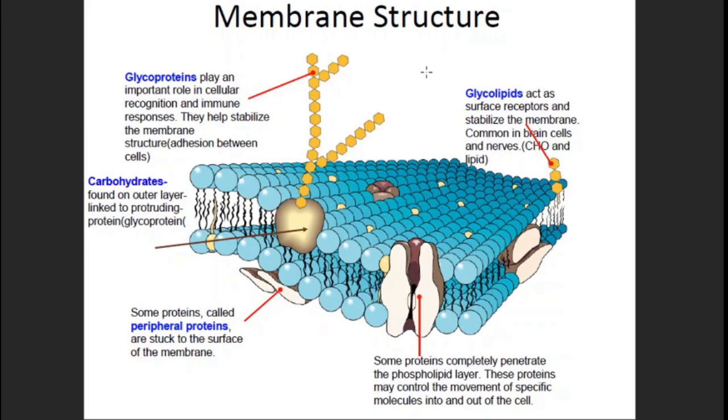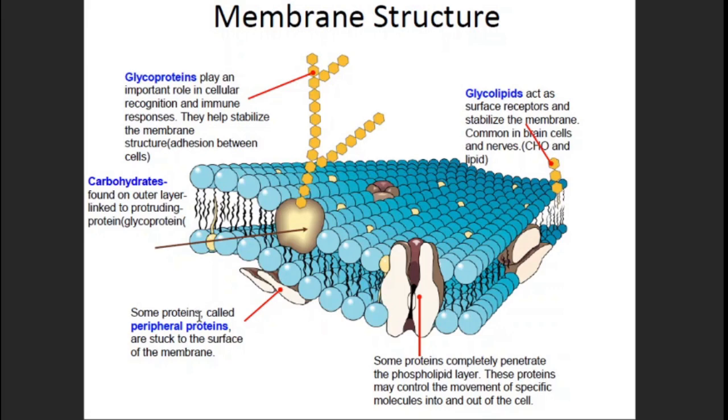Similarly, there are glycolipids. As the name suggests, these are carbohydrate entities which are associated with the lipid components. We call them glycolipids. They act as surface receptors and stabilize the membrane. They are commonly seen in brain cells and nerve cells. There are some proteins which are not integrated inside the membrane.